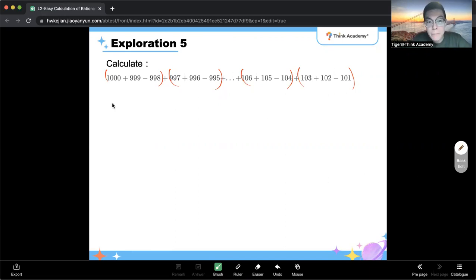Because we know that the number of numbers from 1,000 to 101 is 1,000, take away 101, adding 1. And that divided by 3 is going to be the number of groups, which is 300, because that's 900 over 3, right? So we have 300 groups. But now, is each group having the same sum?